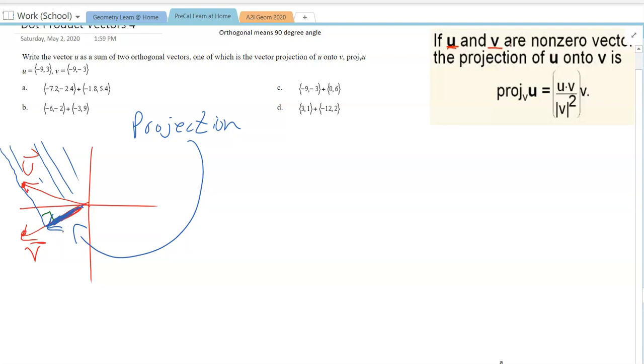And that's going to be one of our two orthogonal vectors. So this piece right here I can call U2. And this piece over here is our other vector I can call U1. So U2 plus U1 gives me to the same point as vector U on there.